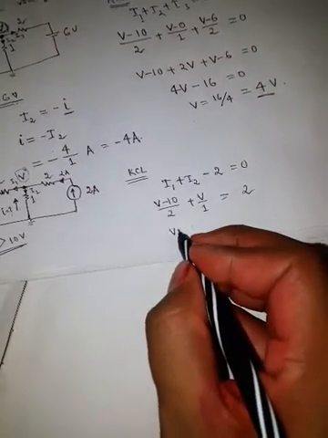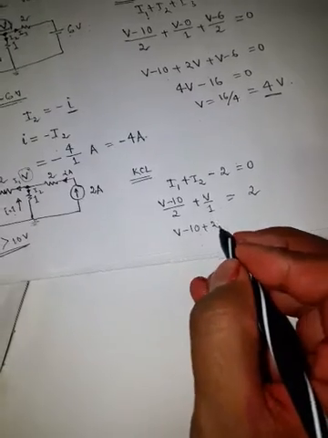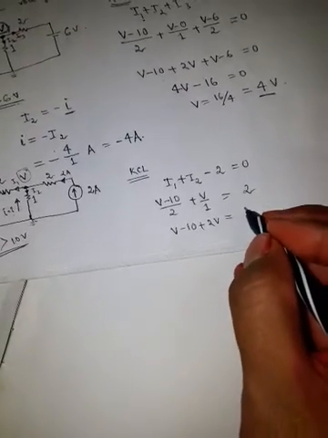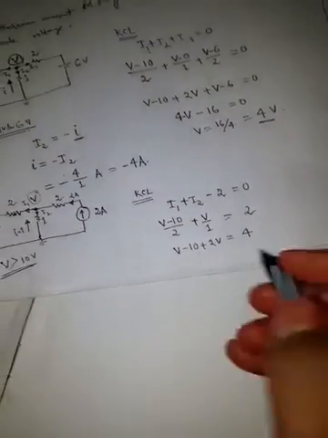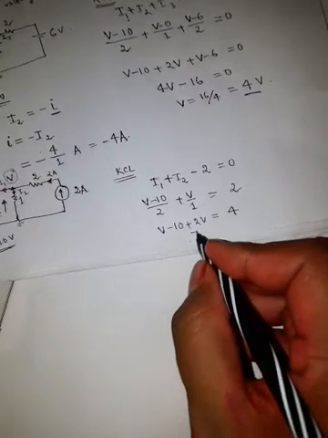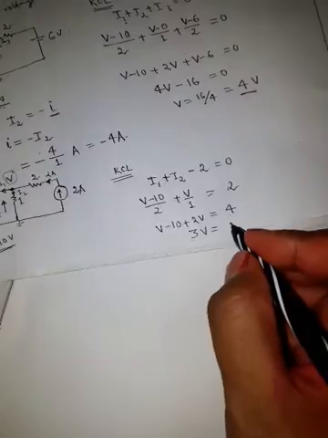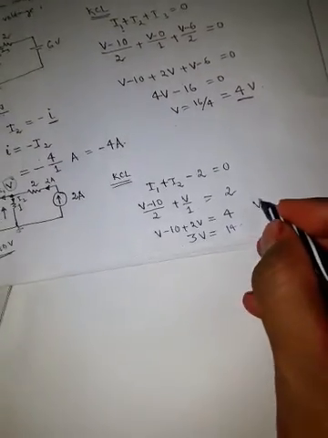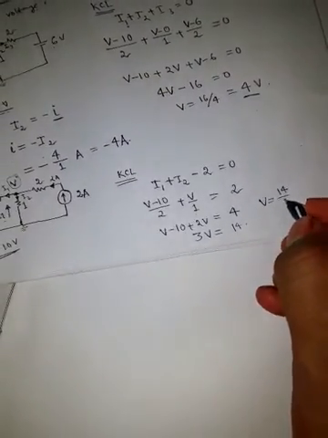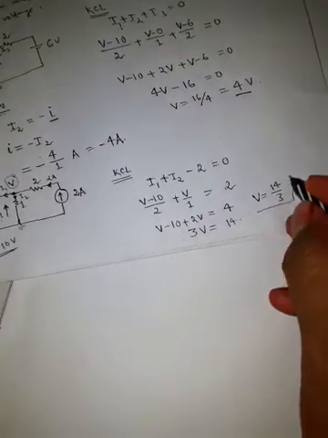So V minus 10 plus 2V is equal to 4, so 3V is equal to 14, that is V equal to 14 by 3 volt.